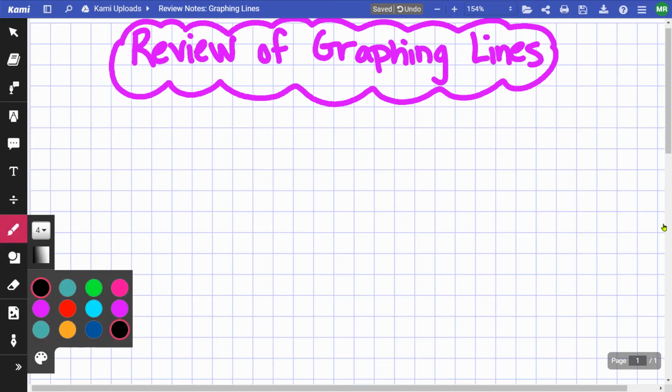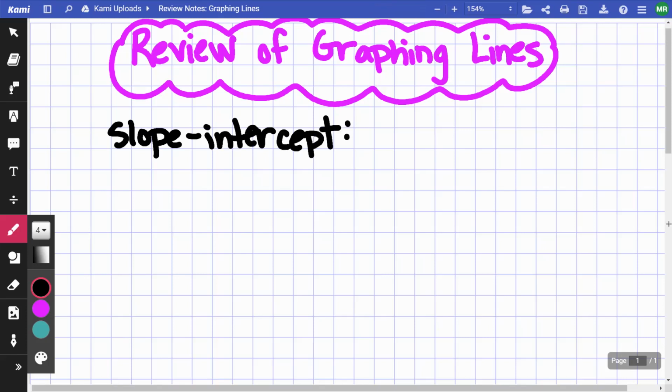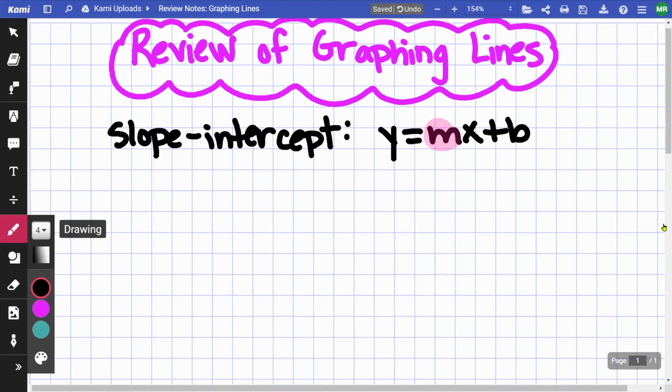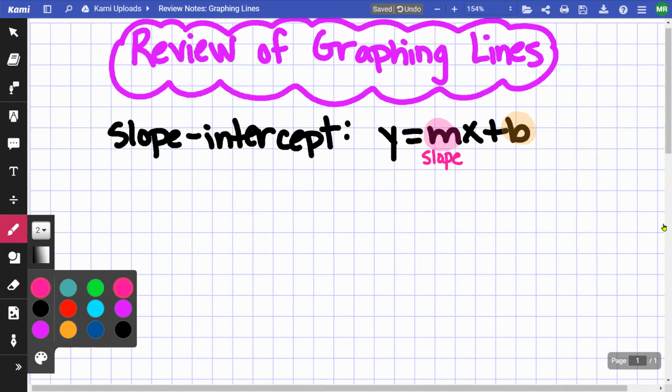So our first situation, let's say we are dealing with slope-intercept form. And slope-intercept form is y equal mx plus b, where m is our slope and b is our y-intercept.